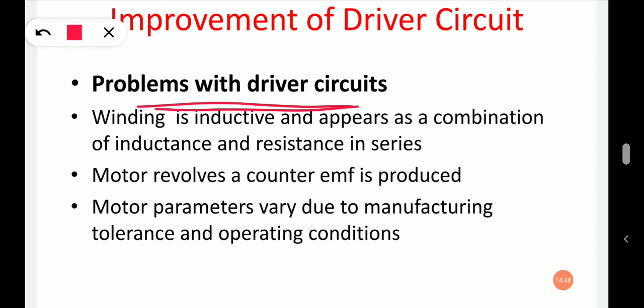Firstly, the worst case conditions of the stepping motor, power transistors and supply voltage must be considered. The motor parameters vary due to the manufacturing tolerance and operating conditions.